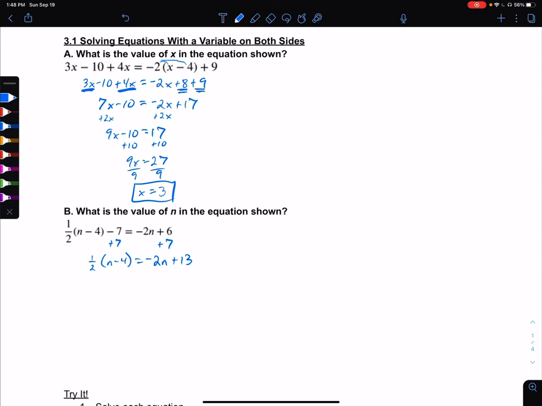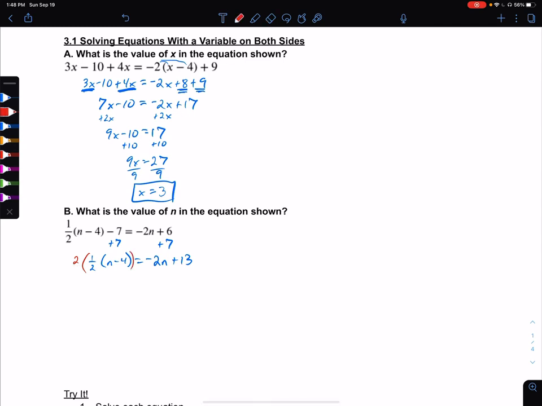Now, I have two choices, and we kind of covered this in the last topic and topic 2. We can distribute this 1/2, or we can get rid of it. It's your choice which one you do. In this problem, I am going to get rid of that. To do that, I'm going to multiply by its reciprocal, 2 over 1, or just 2.